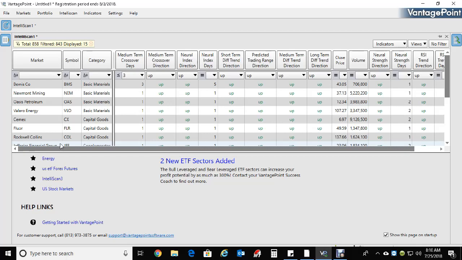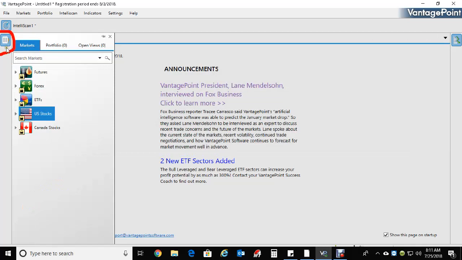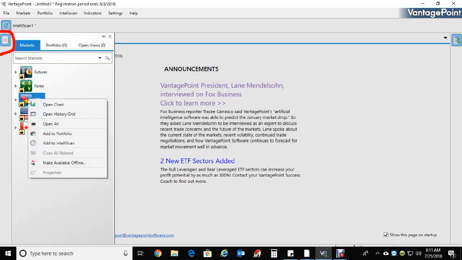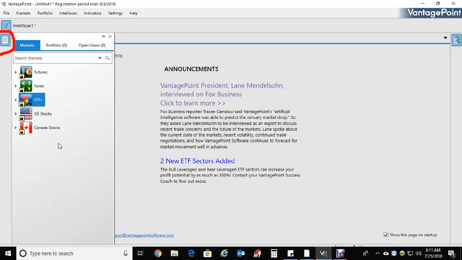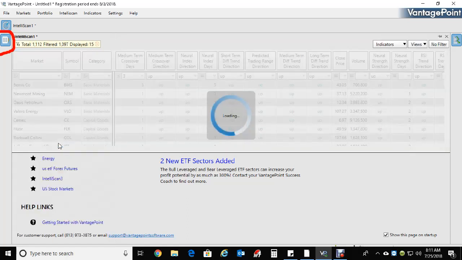Usually when it comes up, it comes up only until here, and then we're going to be adding the indicators, right? Right. But I want you to go back and add your ETF and your futures. Okay. Add to IntelliScan. Yes.